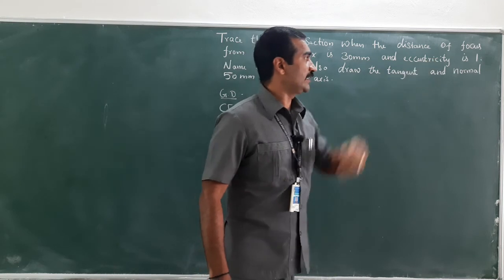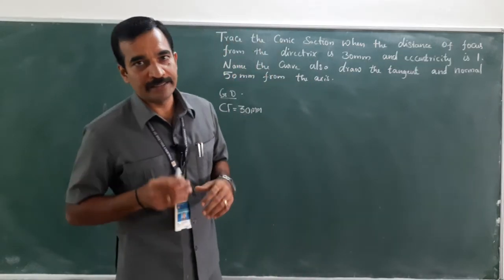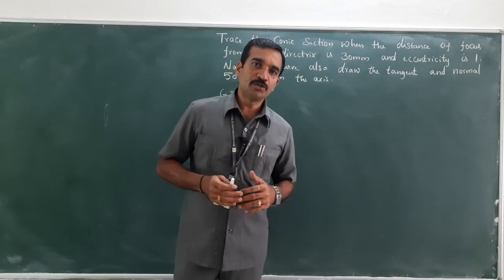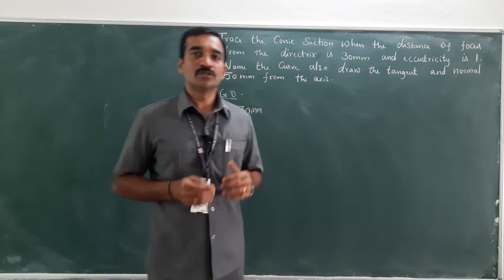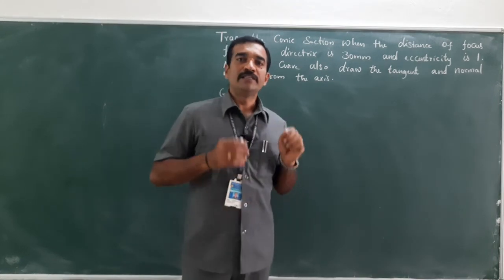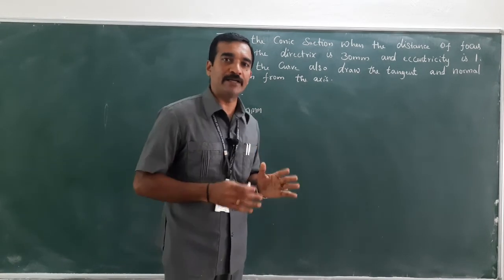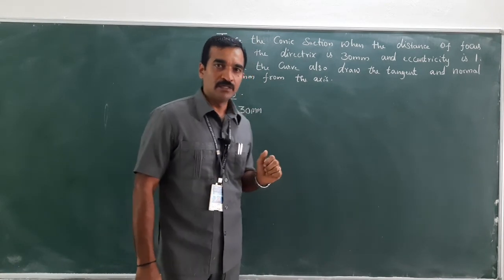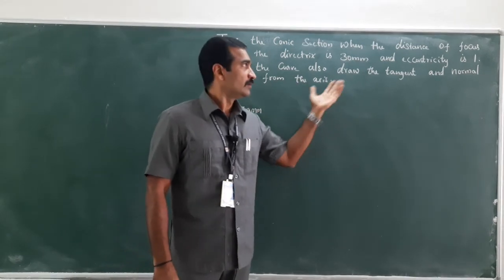And eccentricity is 1. If you recollect, in the introduction video, I taught you 3 fundamentals. If E is less than 1, naturally the section which we obtain is an ellipse. If E is equal to 1, it should be a parabola.